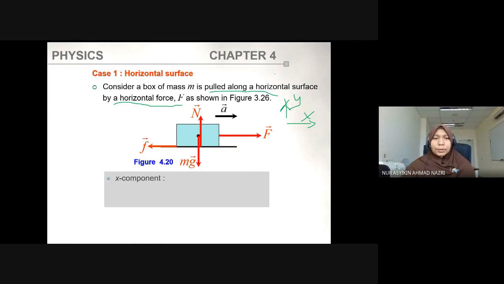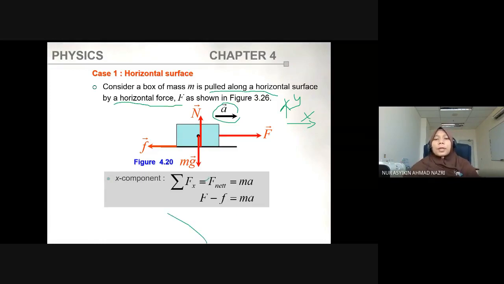So for the X component, we start to form our equation. Fx equal to F net equal to ma, since here it shows that it has acceleration in the same direction as the force pull. Then force to the right minus force to the left equal to ma.